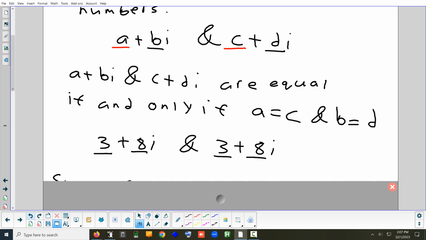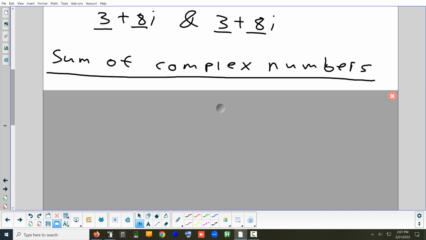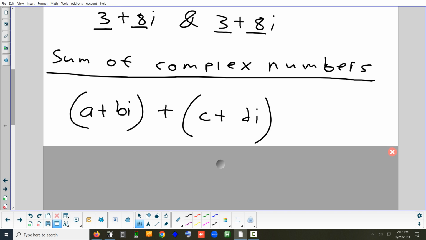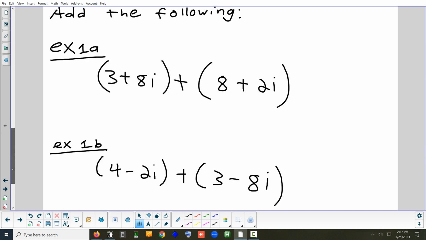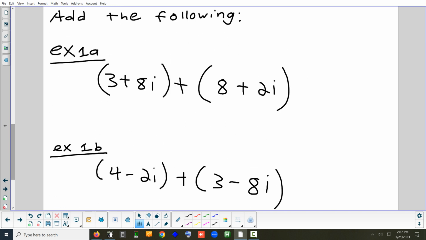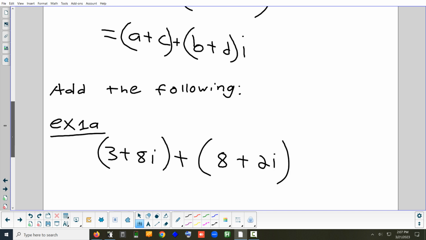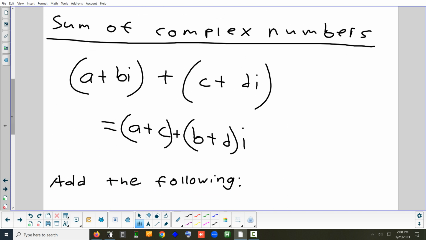All right. So how do we add together two different complex numbers in a problem that might look something like one of these. Well, the idea when you add complex numbers, this is a real, that's a real. Combine like terms.